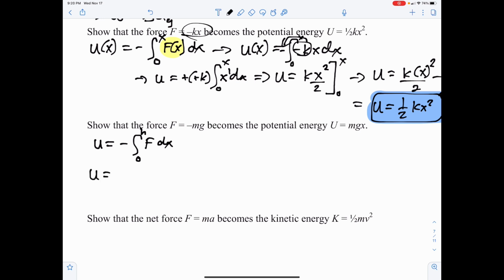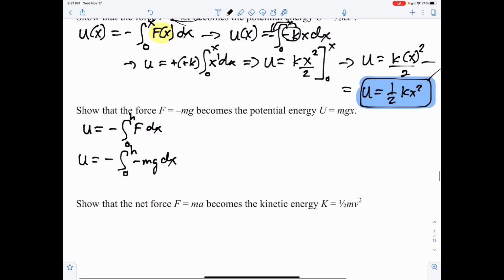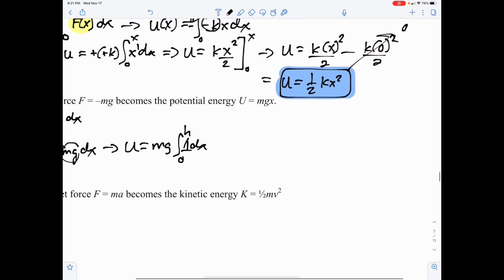U is equal to the integral from 0 to h of negative mg dx. Well, m and g are constants, so bring both of those out front, and U is now equal to negative times negative, which is mg, times the integral from 0 to h of 1 dx.